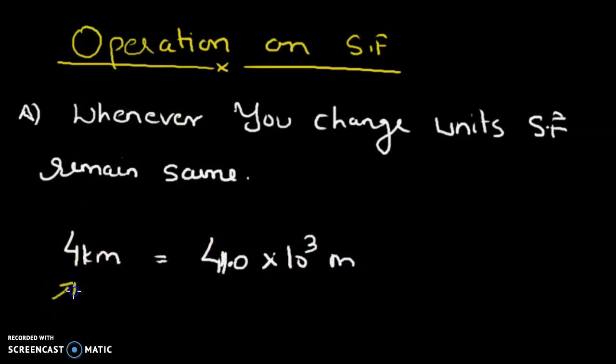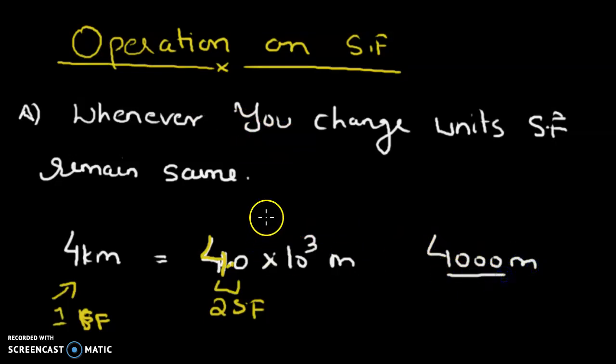Here the number of significant figures is 1, but here there is 4 and the 0 after the point is also a significant figure, so there are 2 significant figures. But can you convert it to 4000 meter, or can you convert it to 4 into 10 to the power 4 meter?